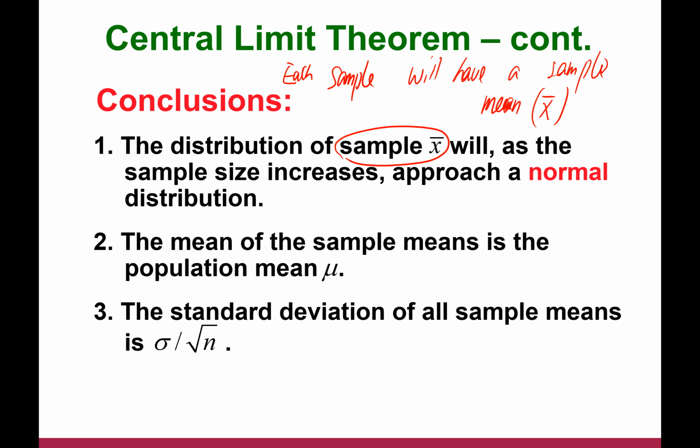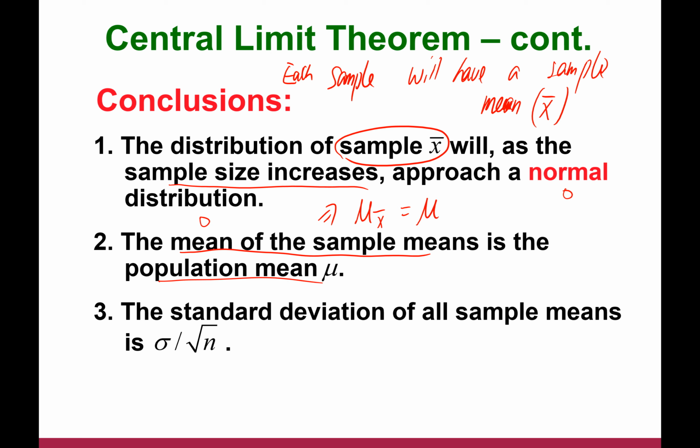The distribution of all the sample means, and you're going to have a lot of sample means, approaches the normal distribution as the sample size increases. The mean of all the sample means, mu of x bar, is the same thing as the actual population mean, mu.